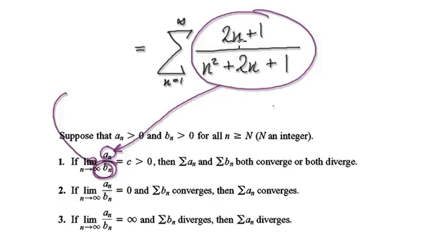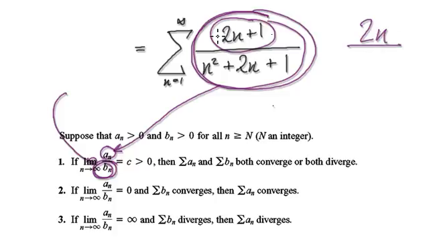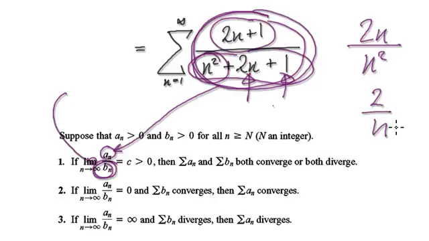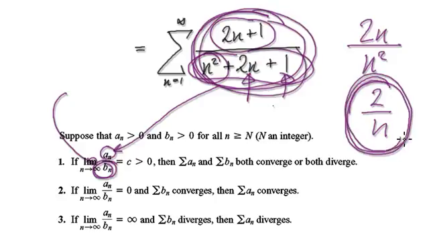As n gets bigger and bigger, this sequence will act like 2n on the numerator. On the denominator, when n gets very big, this is irrelevant, so it will just act as n squared. So this thing here is very similar to 2 over n.